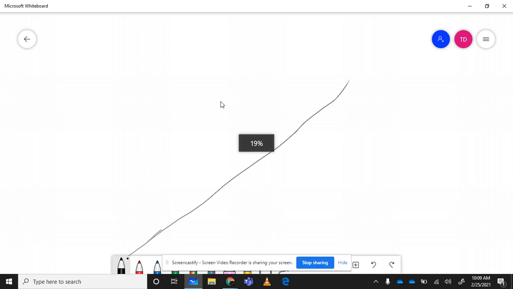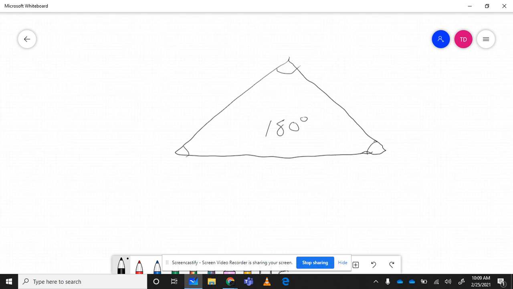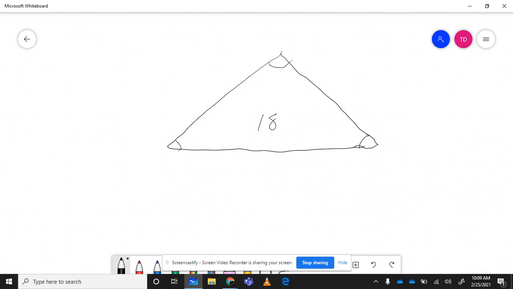And at this point, we should be feeling comfortable with the idea that on the inside of a triangle we always have 180 degrees. So these three angles, when we put them together, we get 180 degrees on the inside. Those are the interior angle measurements of a triangle.